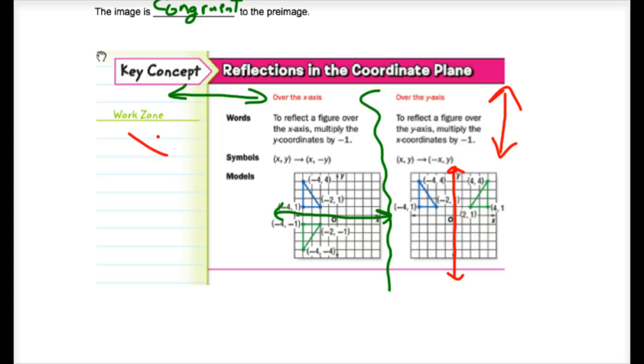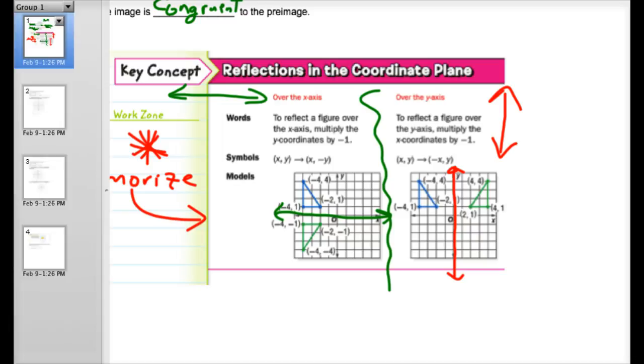Everybody put a big old star by this stuff and write the word memorize. You're going to have to memorize that info. We'll give you some tricks to help you, but it's your responsibility to remember. Reflected over the x-axis, multiply your y's by -1. Reflected over the y-axis, multiply your x's by -1.